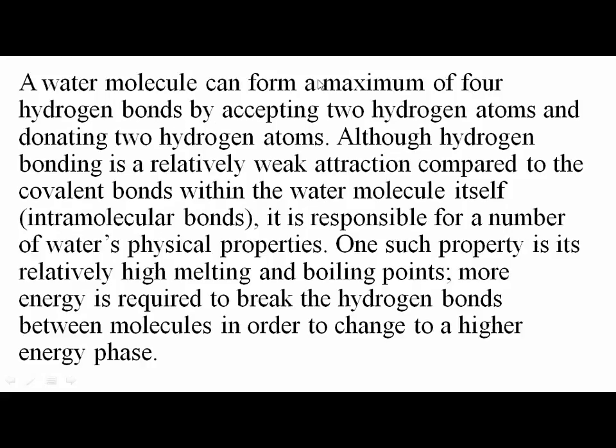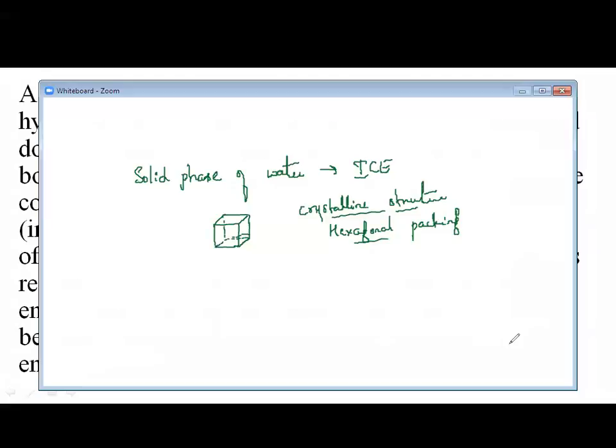Okay, formation of hydrogen bonds now. We know what a hydrogen bond is, right? So what do we mean by hydrogen bond? The bond formed between hydrogen and the most electronegative atoms, say fluorine, oxygen or nitrogen, we call a hydrogen bond. Since we are talking about the water molecule, I will write the structure of the water molecule here. So this is hydrogen.